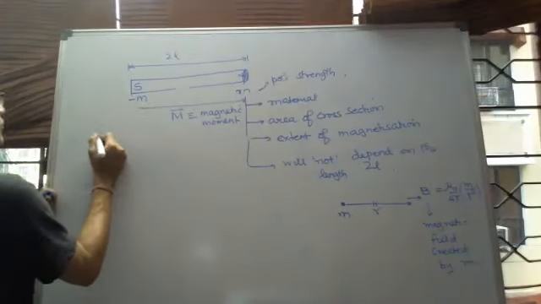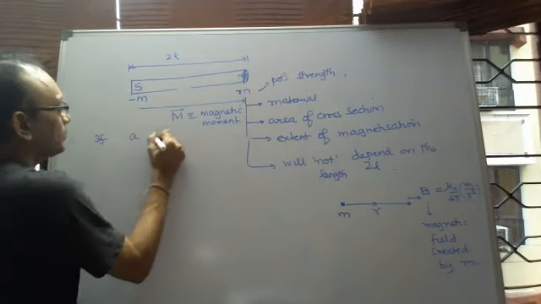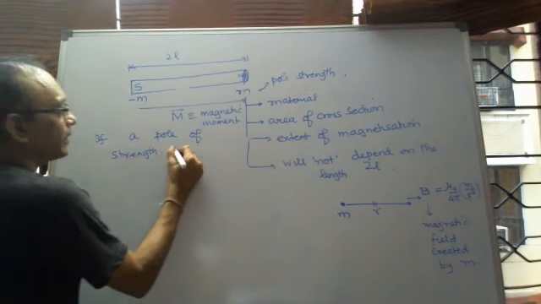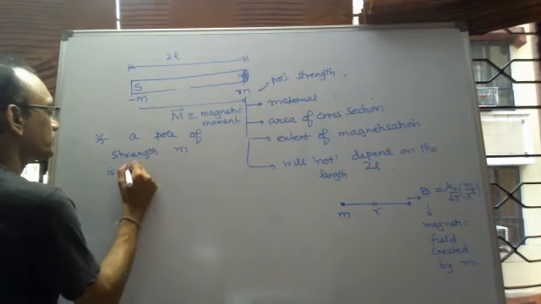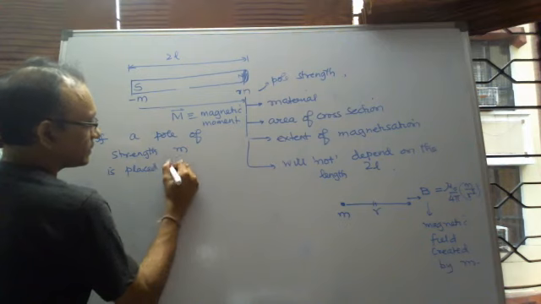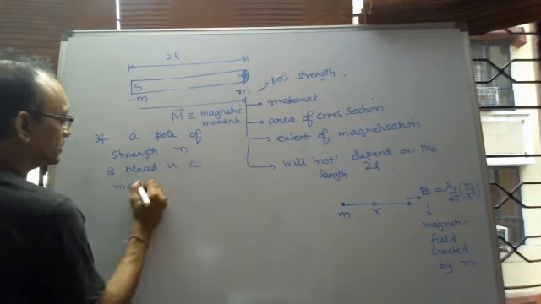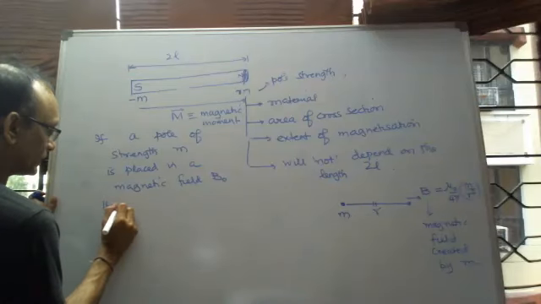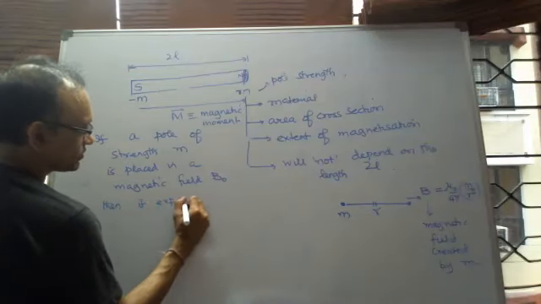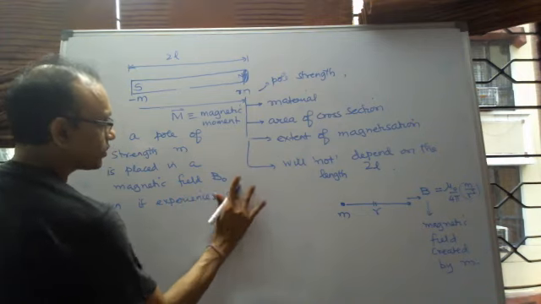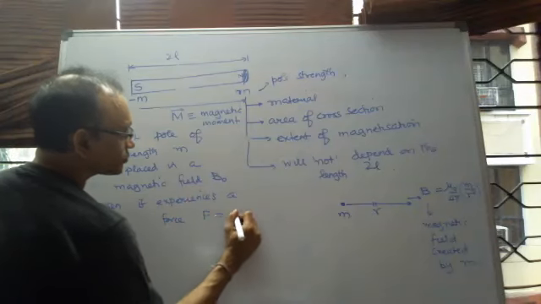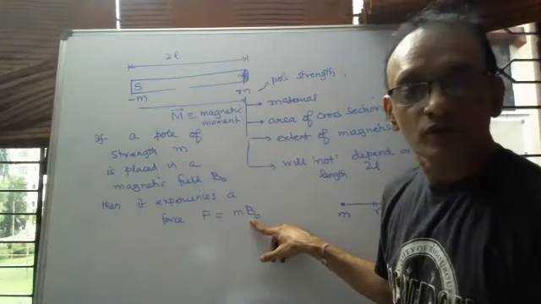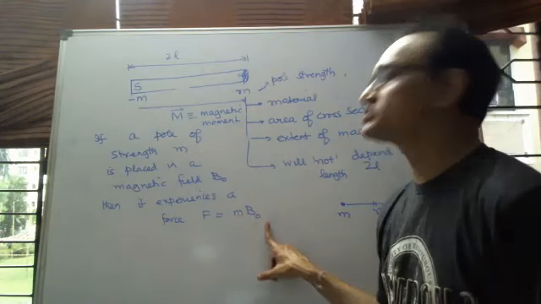Also, if a pole of strength M is placed in a magnetic field B naught, then it experiences a force F equal to M into B. B naught is the force experienced by a unit pole; for a pole of pole strength M, this is the force experienced.